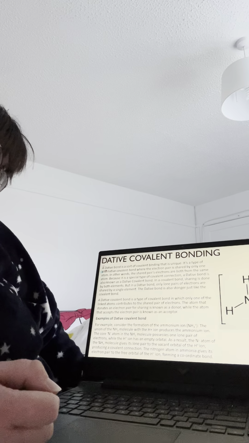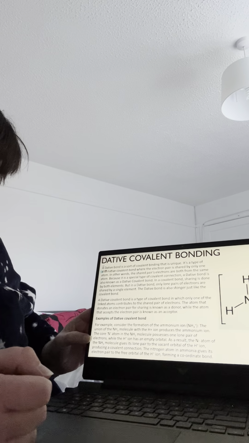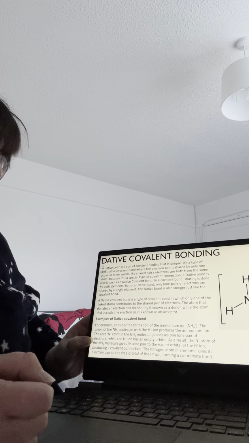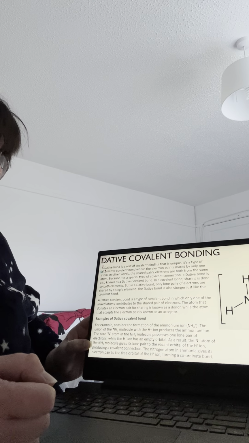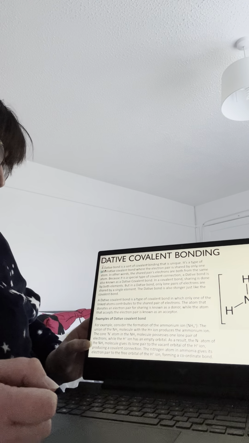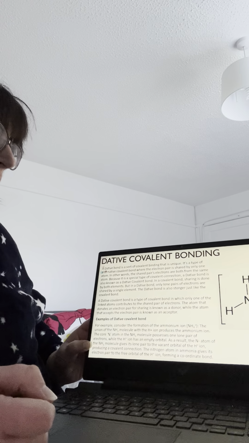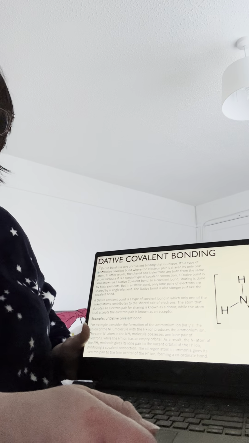As a result, the N atom of the NH3 molecule gives its lone pair to the vacant orbital of the H+ ion, producing a covalent connection. The nitrogen atom in ammonia gives its electron pair to the free orbital of the H+ ion, forming a coordinate bond, which is demonstrated in the diagram here.